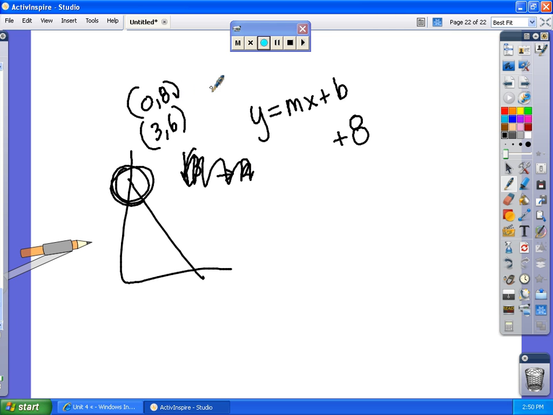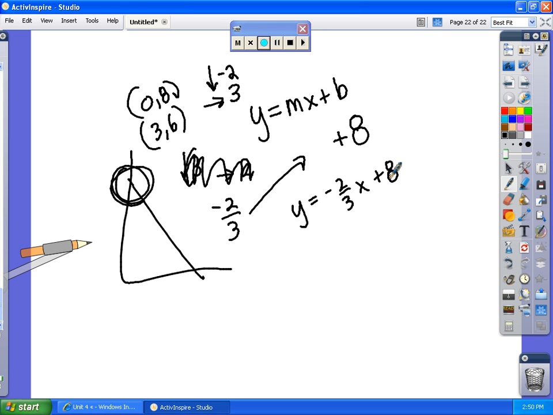If you follow the line, the rise is actually going down 2, but the run is going over 3, which is a negative 2/3 slope. So I'm going to plug both of those in my equation, and I get y equals negative 2/3 x plus 8. And again, I just used the rise over the run from the graph. And then that is answer choice C.